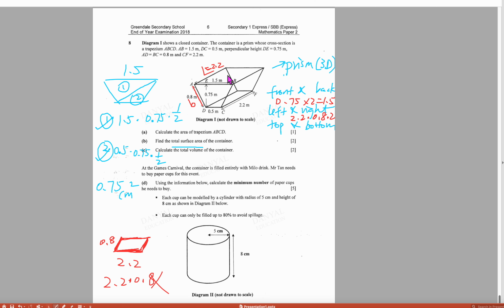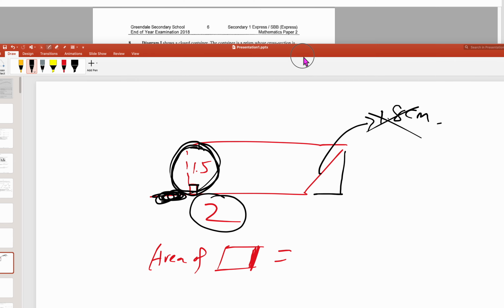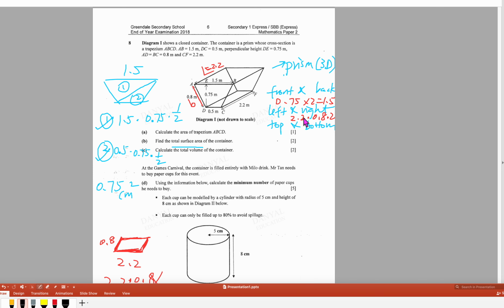If this is a parallelogram, they will give you the height somehow, instead of giving you the slanted height. The slanted height shouldn't be used for calculating the area of a parallelogram.